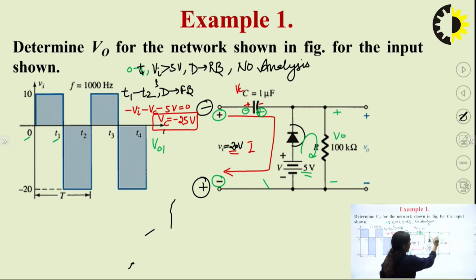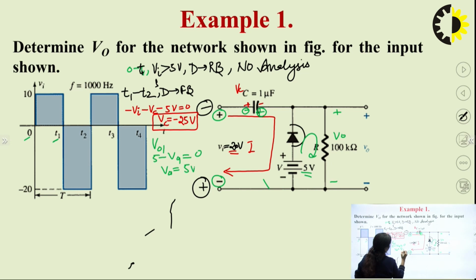If I write KVL in this loop, it will be 5 volt minus V01 is equal to 0. So, V01 is equal to 5 volt. So, we get two values. One is the value up to which the capacitor is charged, and second is V01.